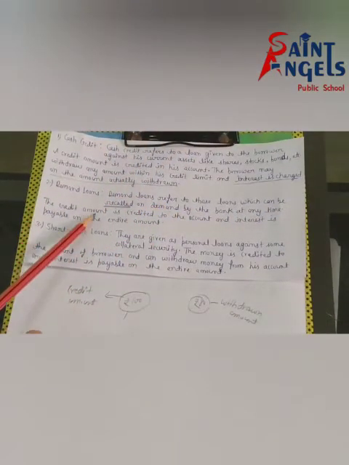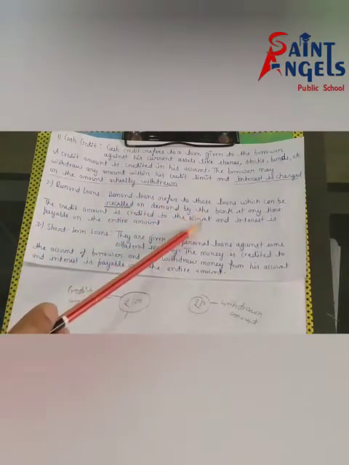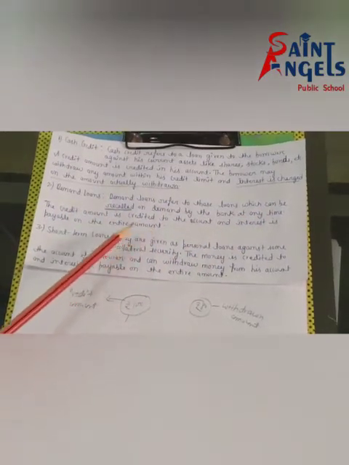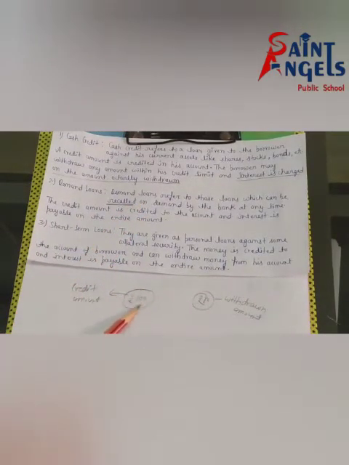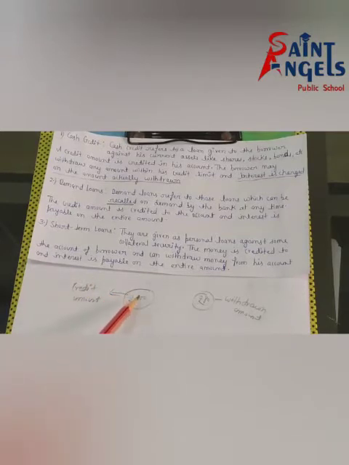The credit amount is credited to the account and interest is payable on the entire amount. Suppose a person borrows money from the bank of rupees 100; that will be called the credit amount.